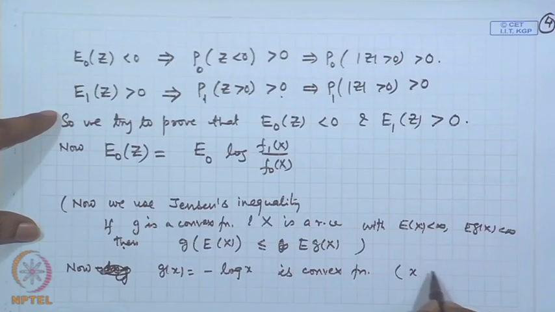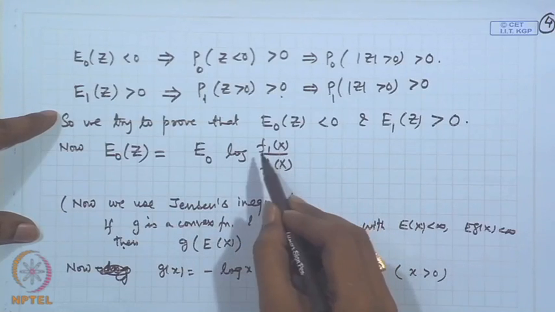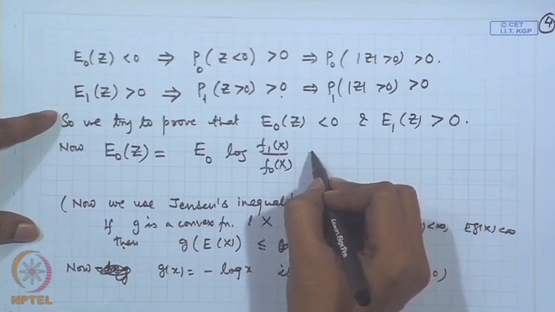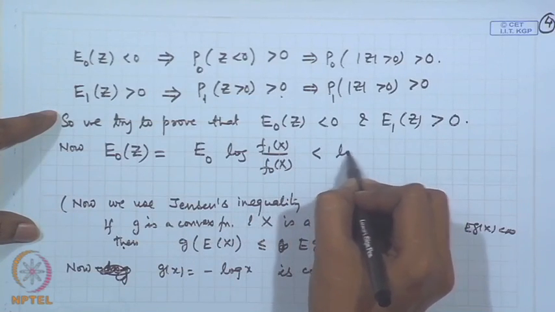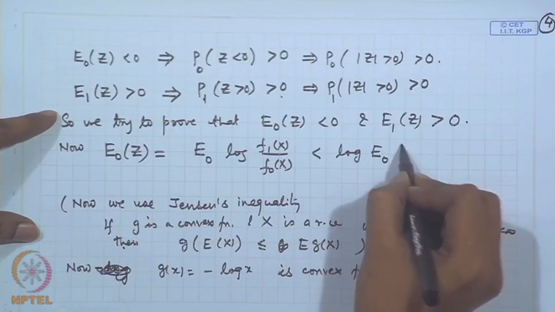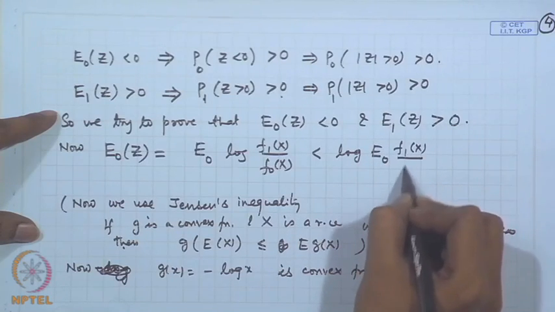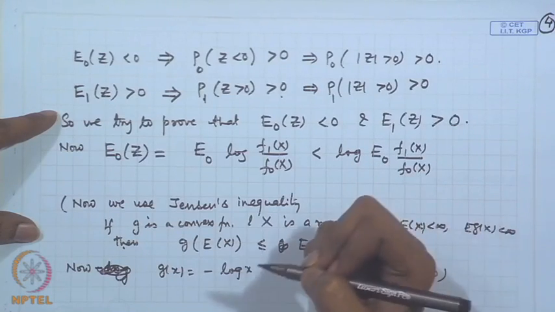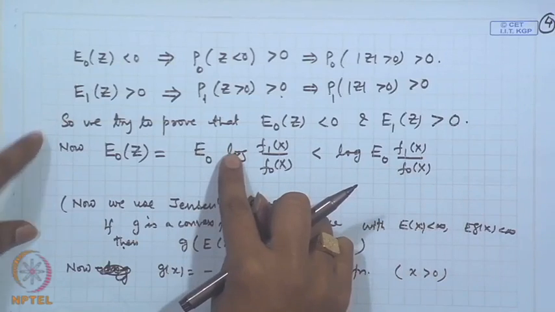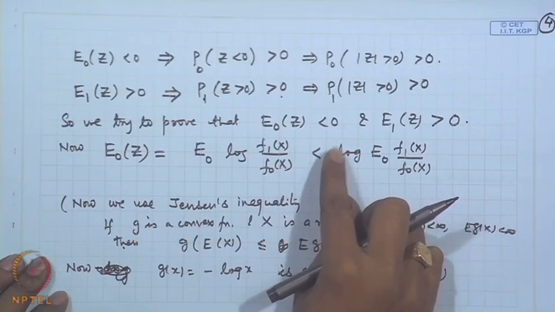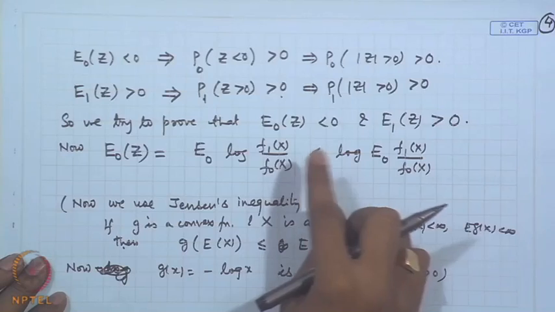Let us take, say, x is positive. Okay. In that case, what is happening is that this quantity will be less than log of expectation f 1 x by f naught x, because with a minus log this will be greater than. So, if I take minus minus from both the sides, I will get less than.